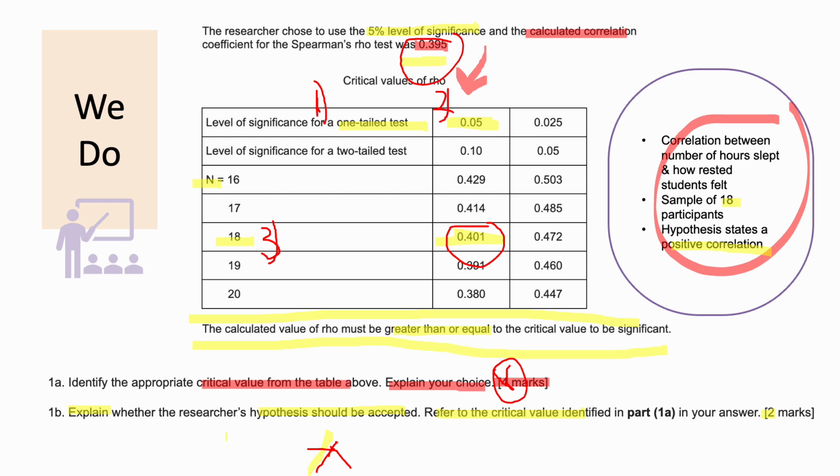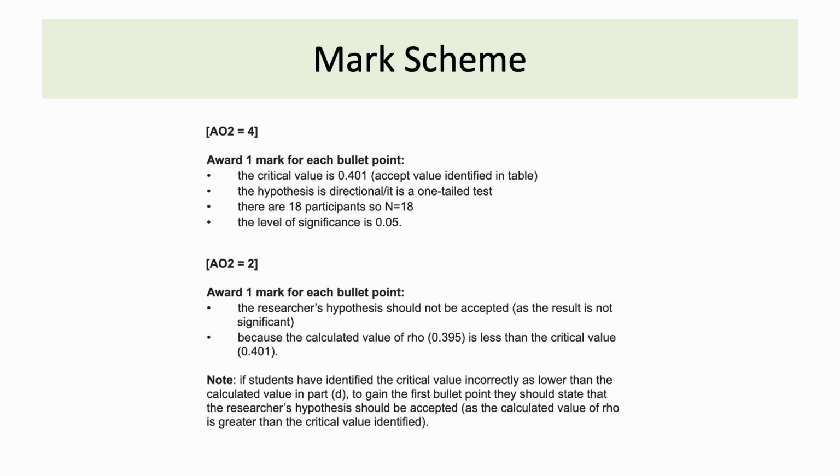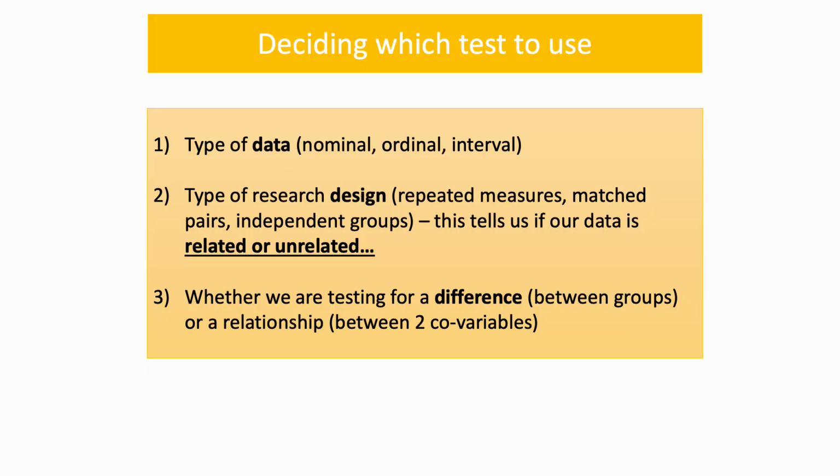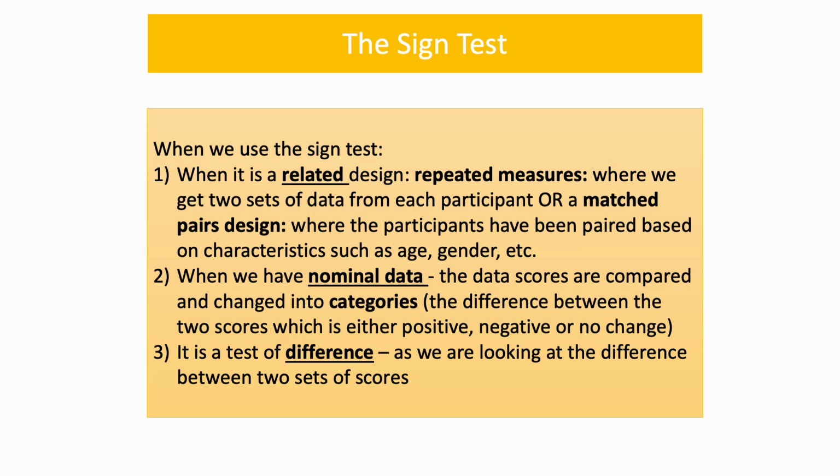Now, looking at how we calculate the sign test. So the sign test, 3 Ds for the sign test: related data, so repeated measures or matched pairs, nominal data, categories, test of difference.